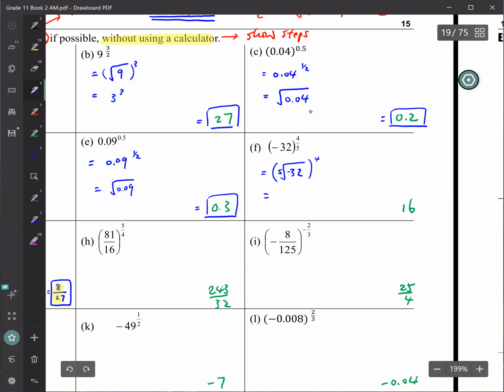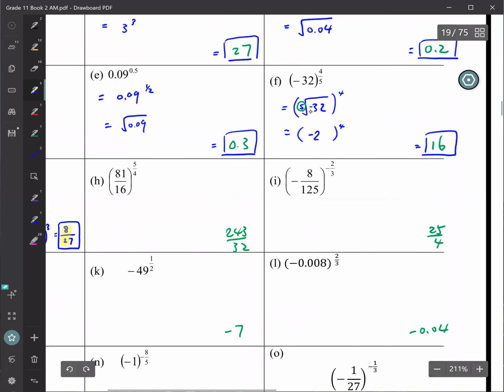Because we want to solve these without calculator, right? So a number that times itself 5 times to give you negative 32. 5 is an odd number, so it's okay to have negative. So that will give you negative 2 to the 4, okay? And that makes it positive 16.